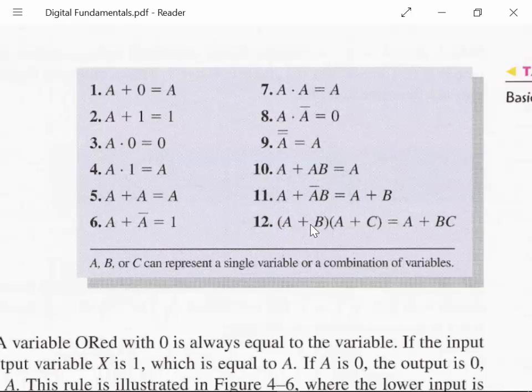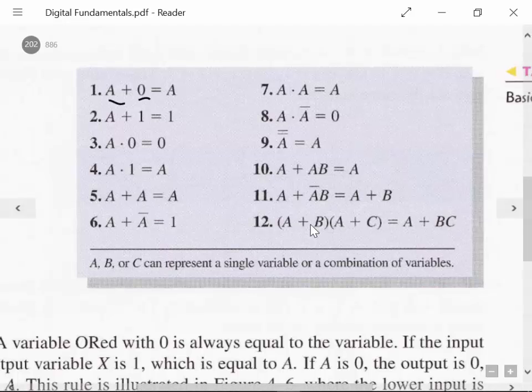The first one says that if I OR anything with a 0, it's going to be the same thing.